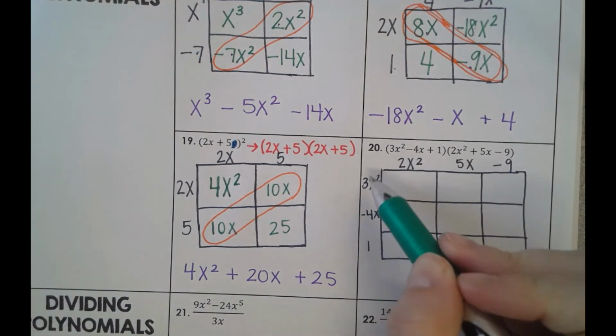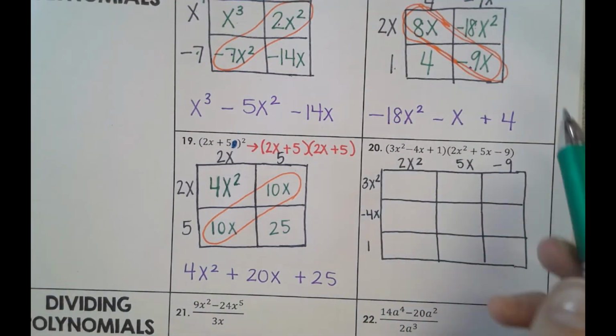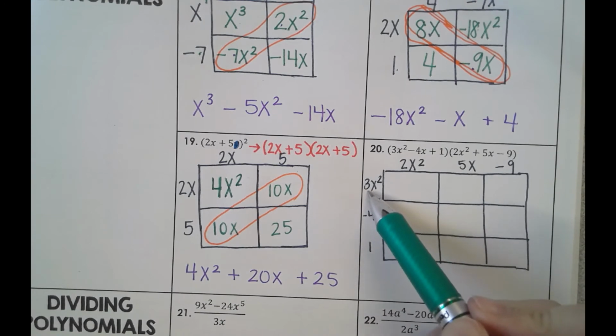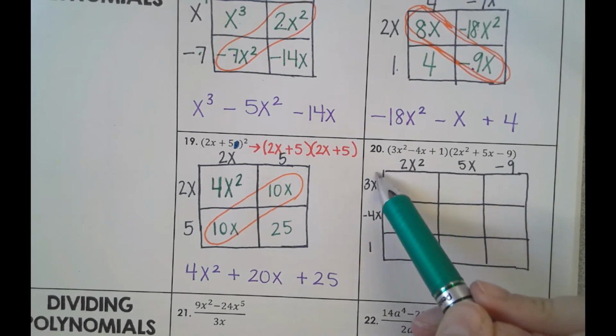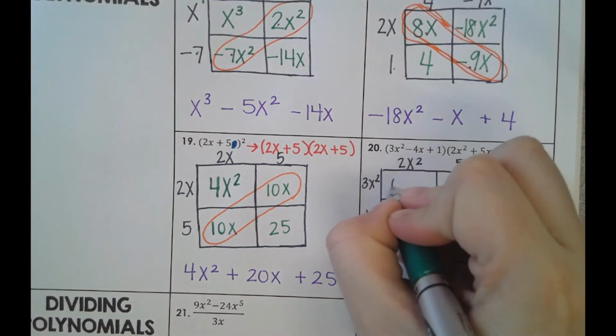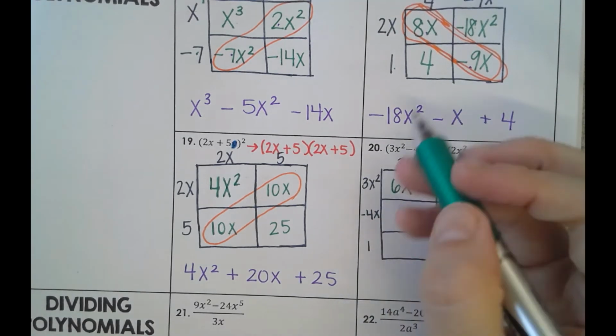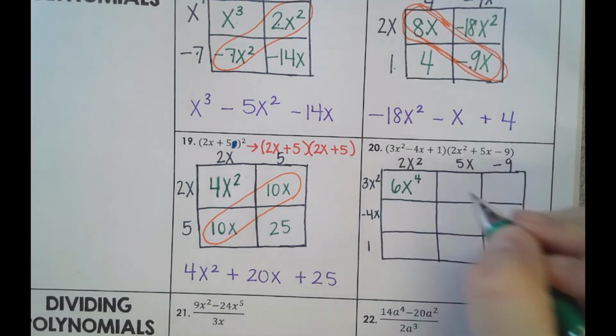So this first one, 3x squared, 2x squared. So we do the 3 and the 2, makes 6x to the 4th.